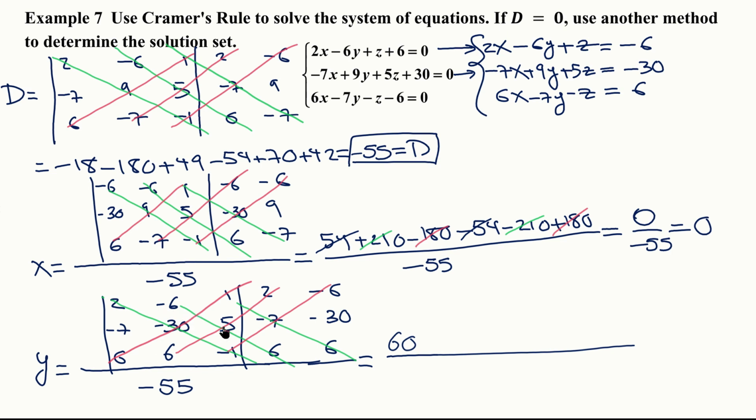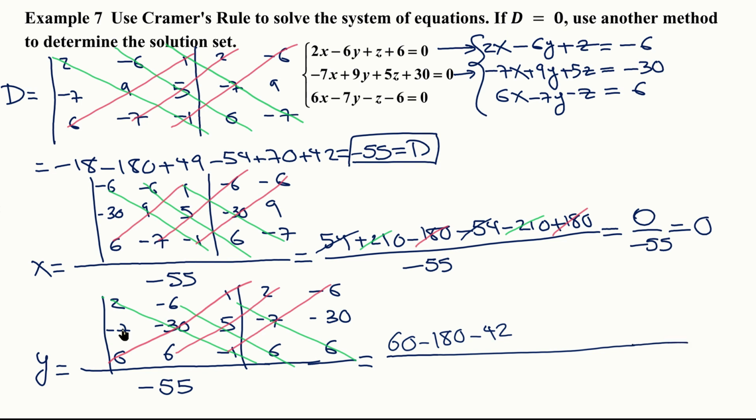And then 6 times 5 is 30 times negative 6 is negative 180. So plus negative 180, that's just minus 180. And then 6 times negative 7 is negative 42 times 1 is negative 42, so plus negative 42, so that's just minus 42.